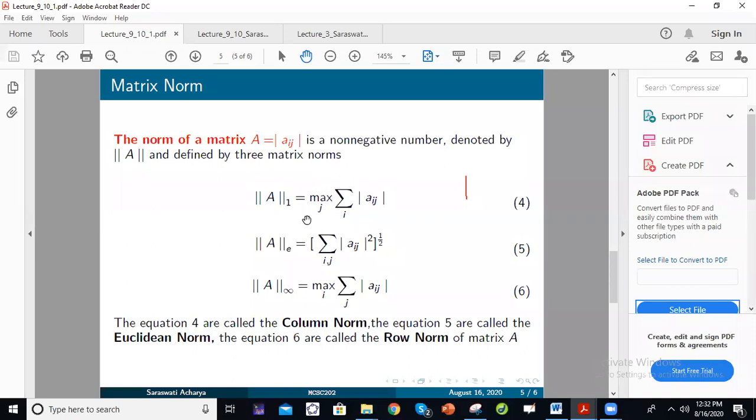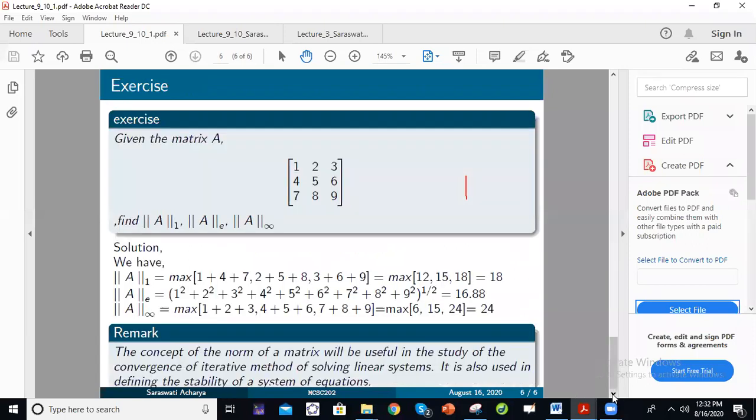See here, the maximum over j, but how to sum? How to sum the rows of the matrix? Let's see the example. We have the given matrix A: 1 2 3, 4 5 6, 7 8 9. We see rows 1, 2, 3 and columns 1, 2, 3. Let's discuss the one norm or column norm. We said the maximum over j.